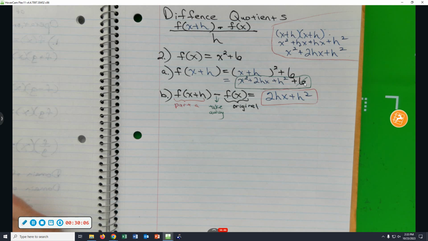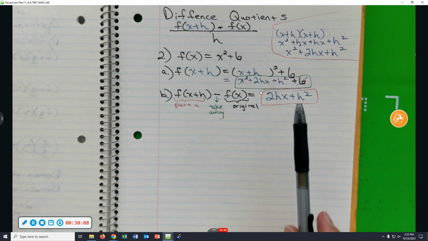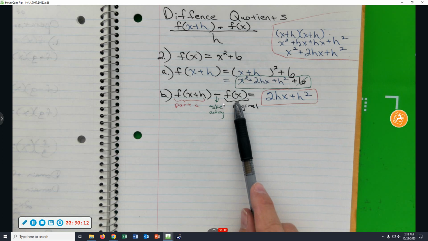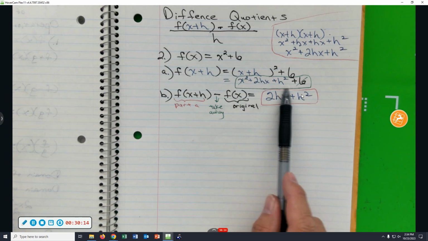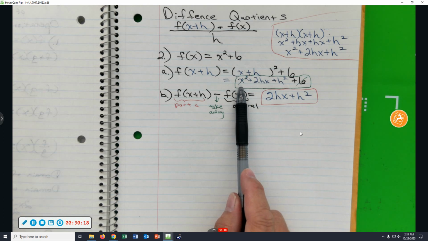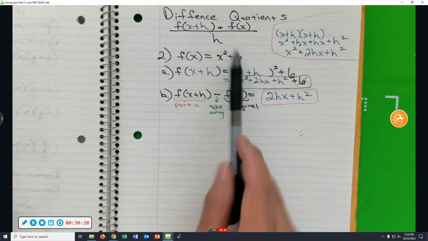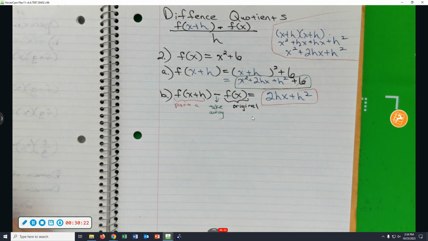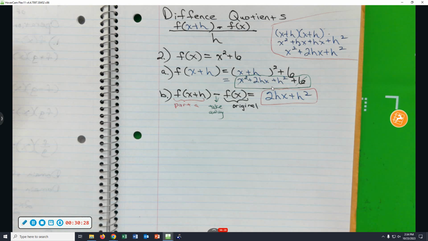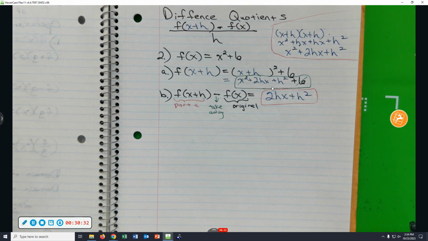You've messed up. The only thing that should be remaining, once you find f of x plus h minus f of x, are the terms that have the letter h. Anything without an h, like the x squared and the 6, they're going to subtract out, if you're doing this correctly. Should you go ahead and write this, and make a big mark, marking out the x squared and the 6? Or not? What do you mean?